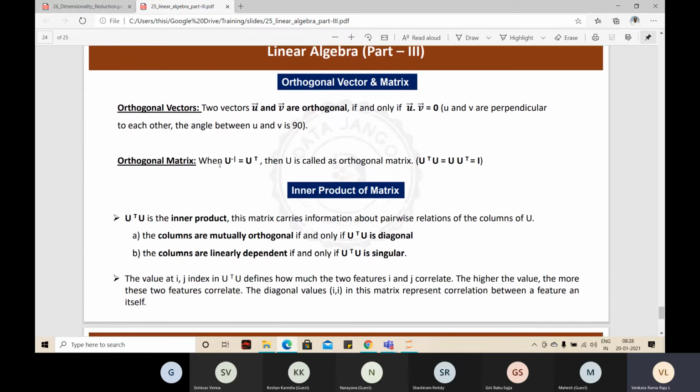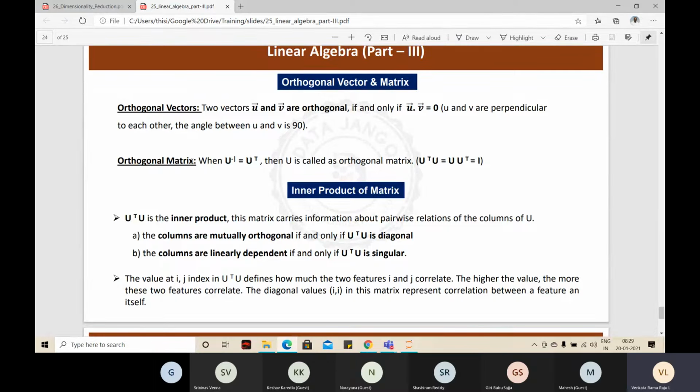Okay. So when U inverse is equal to U transpose, U is called an orthogonal matrix again. If a matrix has vectors inside it in such a way that each vector is orthogonal to the other, then U inverse is equal to U transpose. U transpose and U inverse are going to be the same.